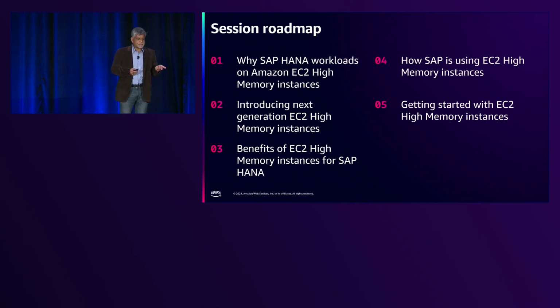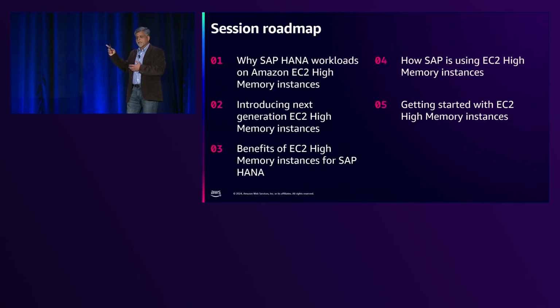So we'll quickly start with sharing some of the feedback that we get from customers on why they moved their on-prem SAP HANA workload onto AWS EC2. We'll introduce the net new addition to our high memory portfolio. Then I'll turn it over to my colleague, Arnie here. He is going to walk us through the technical underpinnings of EC2 high memory instances that deliver the benefits to the SAP HANA workload.